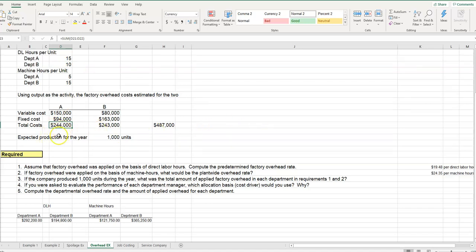If we take that times the 15,000 hours we use, we get 244,000. So if I'm using departmental rates and I give overhead costs estimated to these two departments, it's more of a true usage of their overhead costs than what we're seeing down here when we see a skewed usage based on volume.